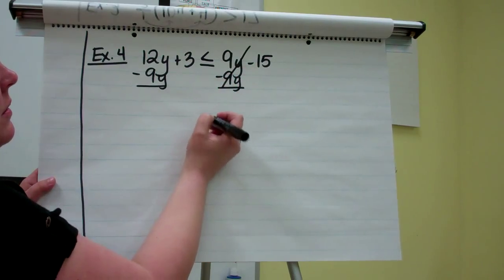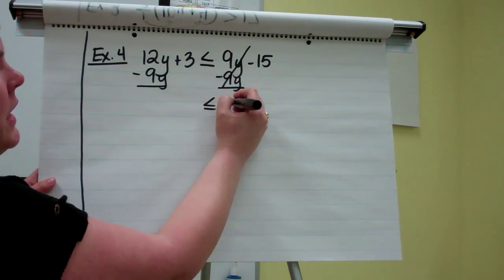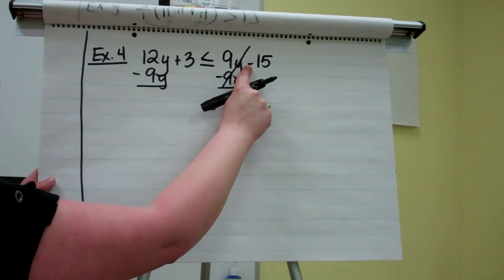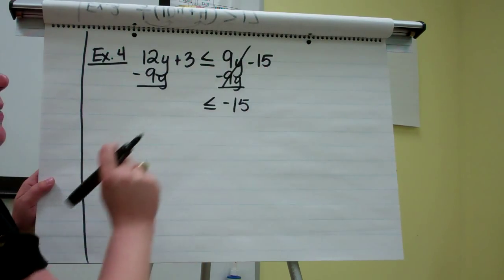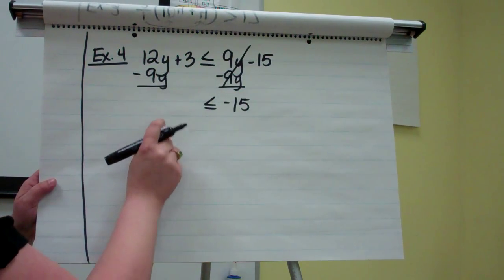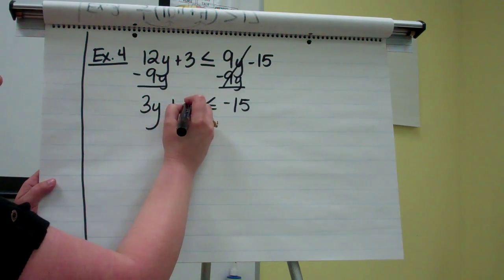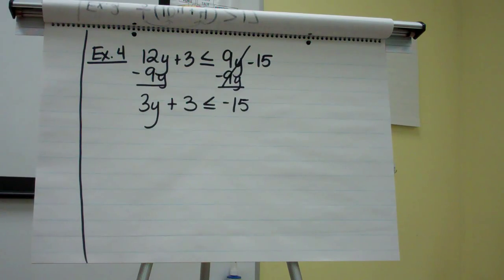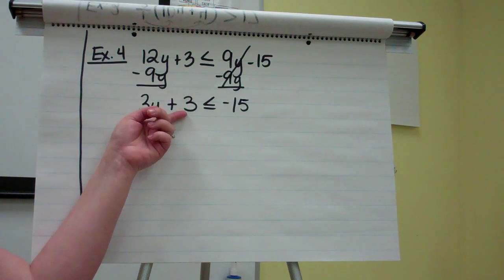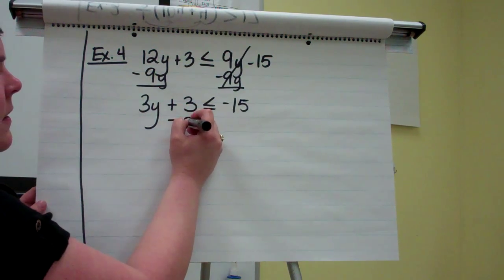That gives me 0. I'm left with negative 15 over here. Don't forget that that operation sign stays with the 15. 12y's minus 9y's is 3y, and plus 3. Okay, so now the opposite of addition is subtraction.